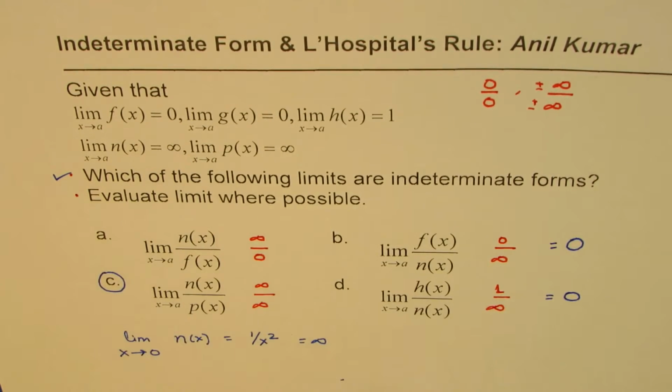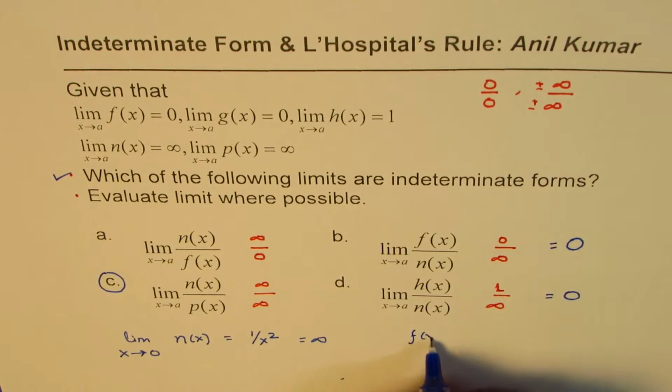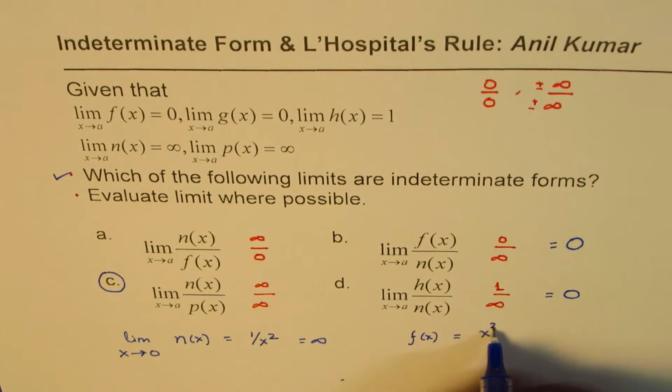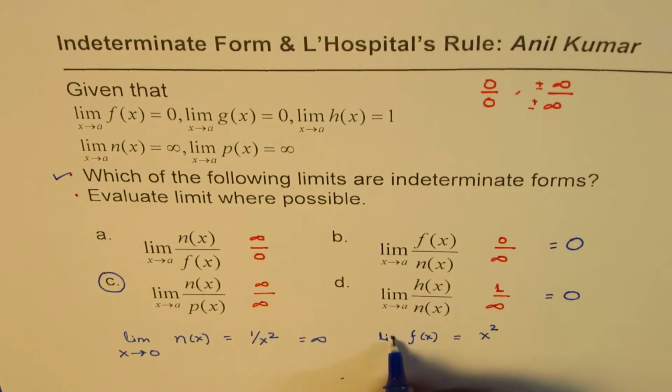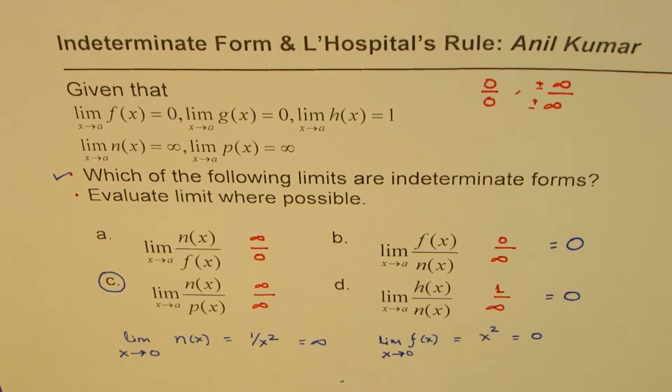So it satisfies this condition. For the denominator, f of x, we could take a function which could be, let us say, x squared. The limit when x approaches 0 will be 0. So it satisfies this condition.